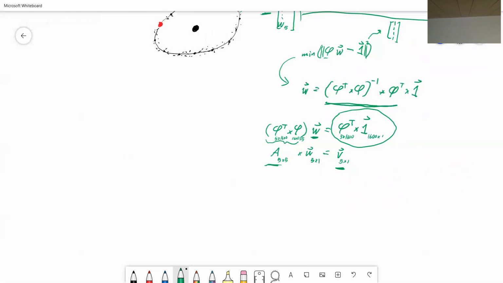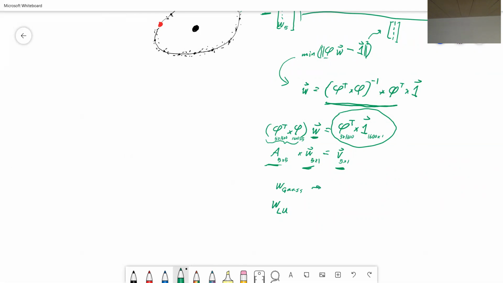You can plug this into your Gauss solver and into your LU solver to get a W from Gauss, W Gauss, and a W from the LU decomposition. That's it.